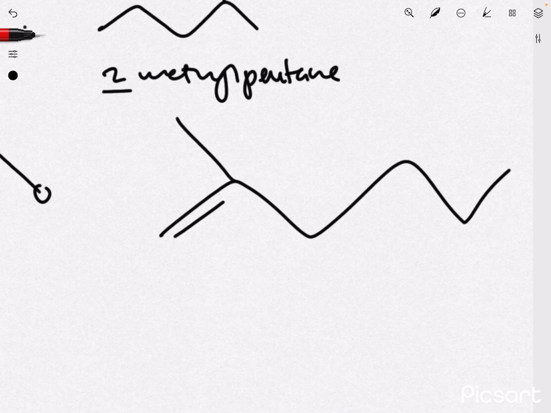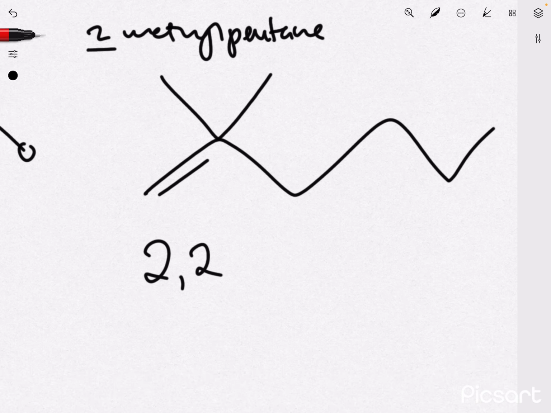Now, if we were to have this compound over here, we would refer to it as 2,2 because both of our branches are on that 2nd carbon. You prioritize your alkene. And this would be dimethyl.